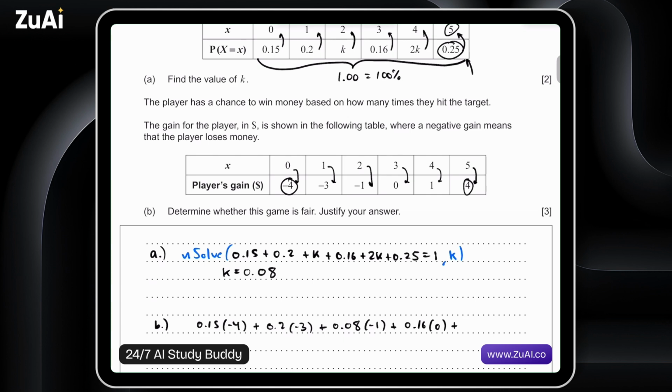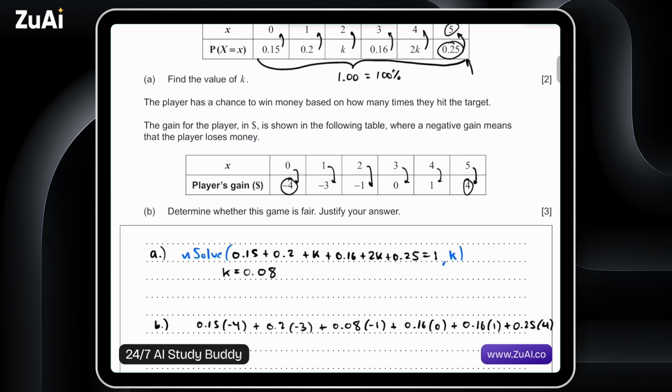Let's rearrange this. 0.08 times 2 would be a 0.16 chance of, in this case, gaining $1. And lastly, a 25% chance of winning $4. If we sum all of this up, this would be our expected return, our expected winnings or losses. And if this equals 0, then the game is fair.